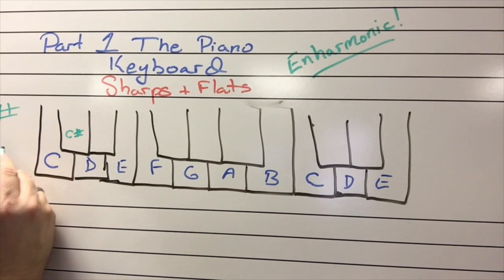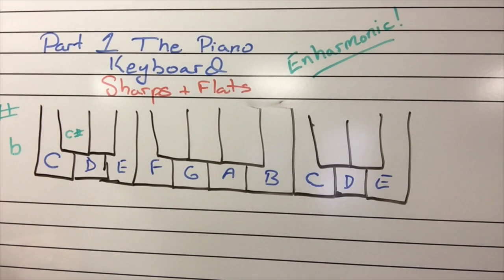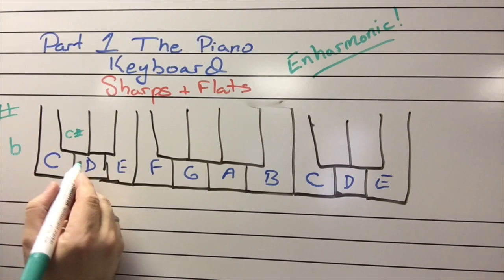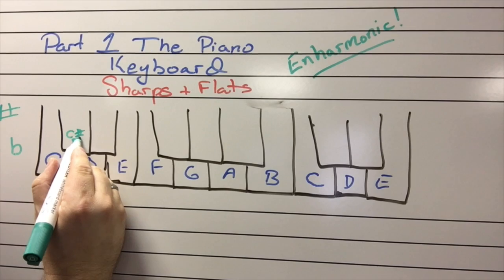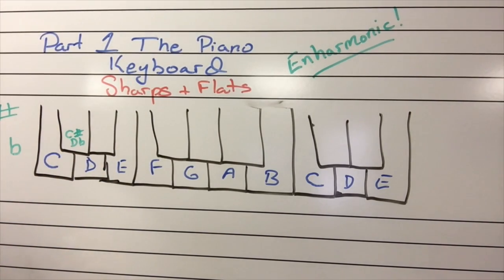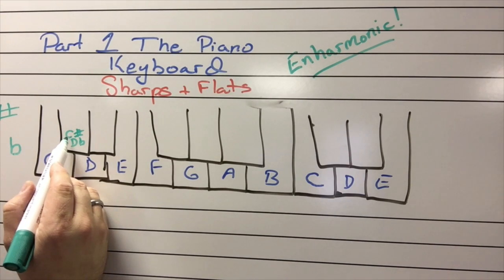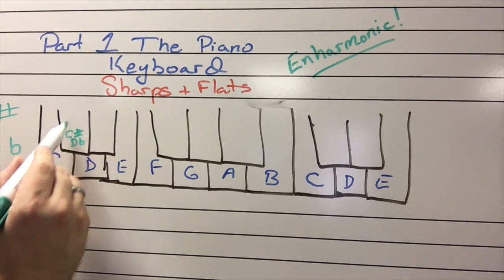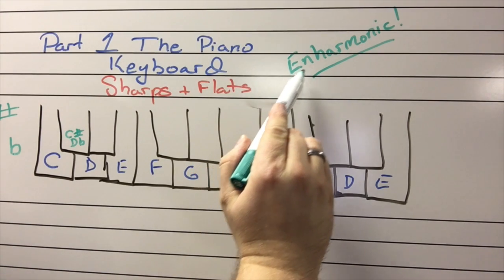A note lowered by a semitone is flat. D lowered by a semitone becomes D flat. You'll notice that both C sharp and D flat are the same note. So we call those notes enharmonic.